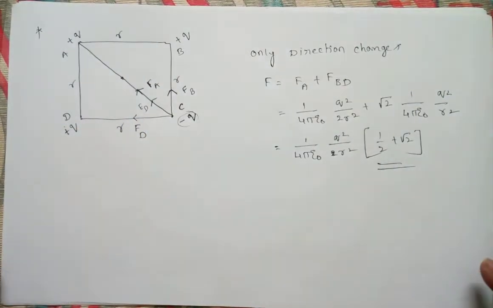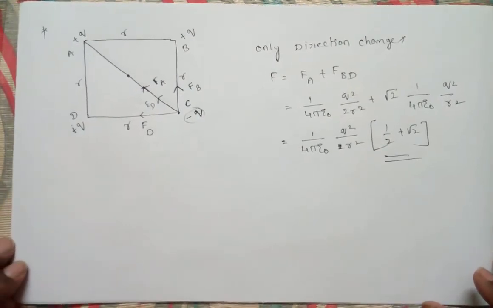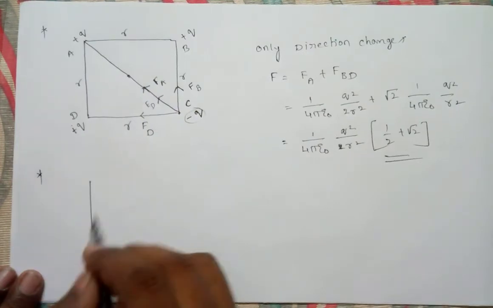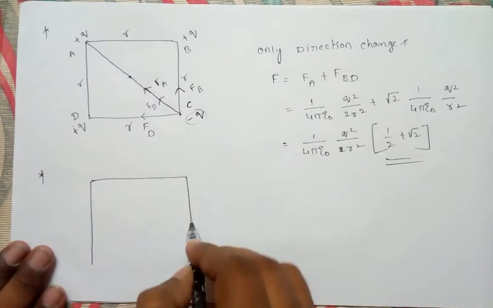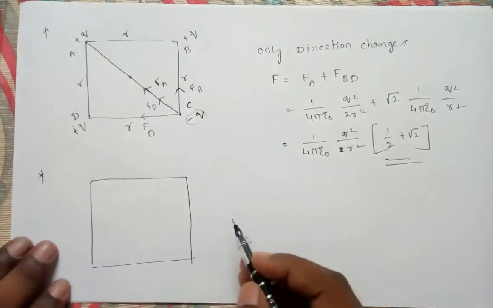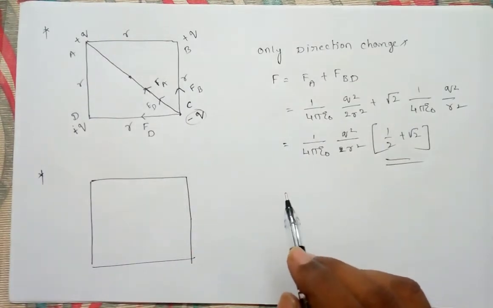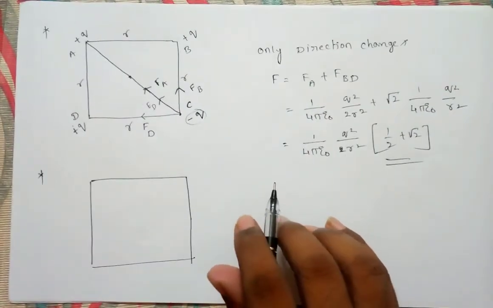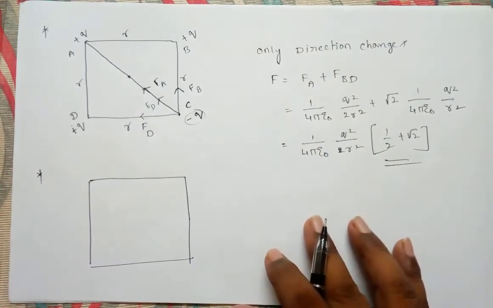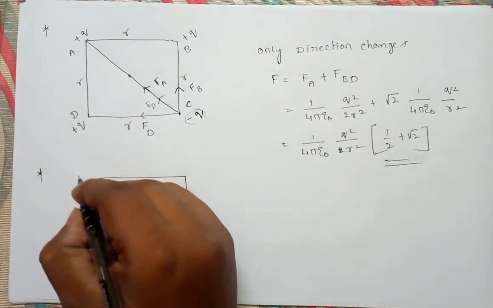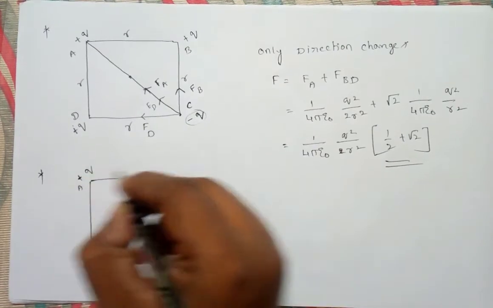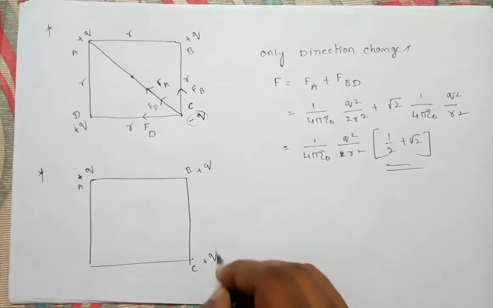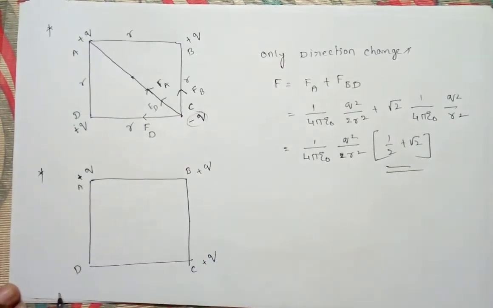Now a similar kind of thing you can observe. If the square is taken, in the previous cases we have taken charges at all the corners. But if any one of the corner charges is absent, let us suppose you take A plus Q, B plus Q, C plus Q, but at D no charge.